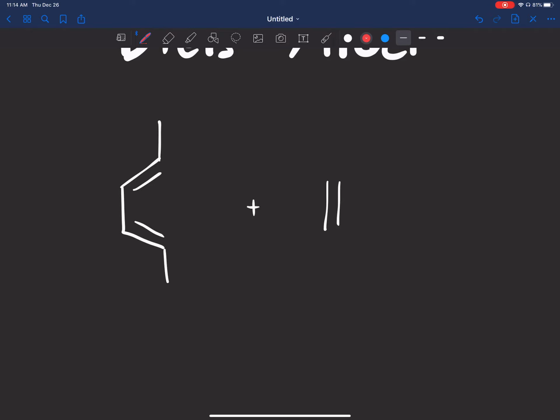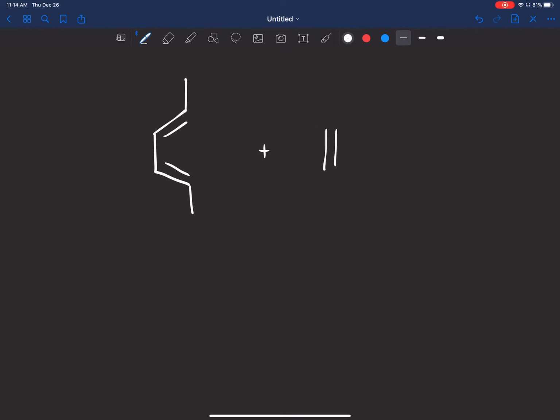And this little guide I was telling you about that can help you figure it out a little bit easier, and it's a good idea to put this on your index card, is this. Here's your diene. The group that's going to be this way is going to be trans. Any two groups that point out to the side like that are trans.